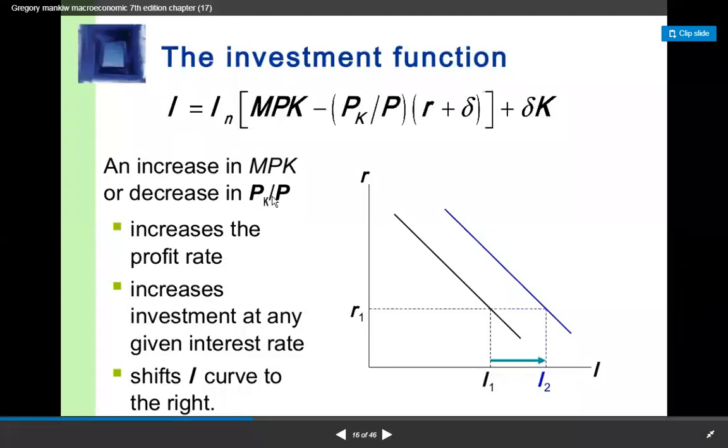First formulation, a decrease in MPK. MPK के कम होने का इम्पैक्ट क्या होगा? As profit rate decreases, investment will be reduced at given interest rate and the investment curve will shift downward, left, at given interest rate.